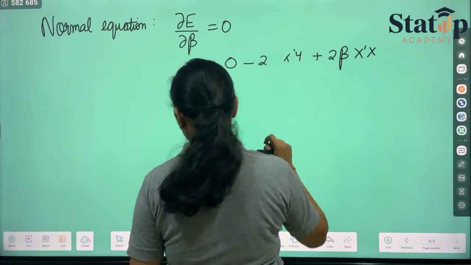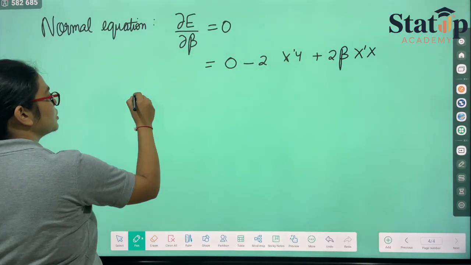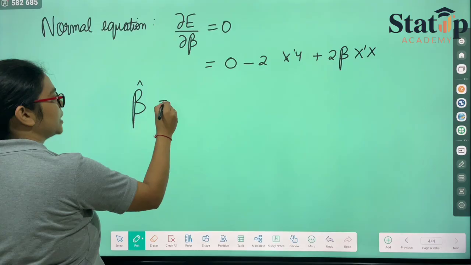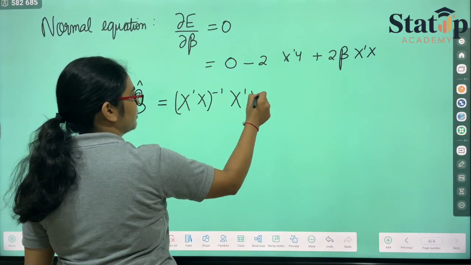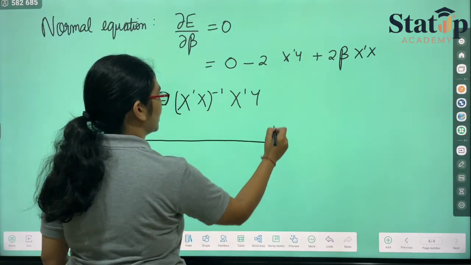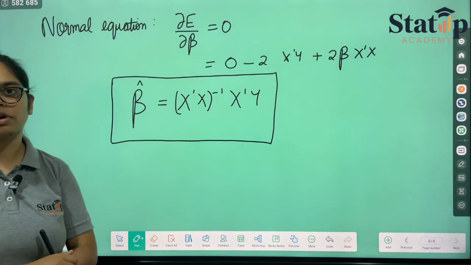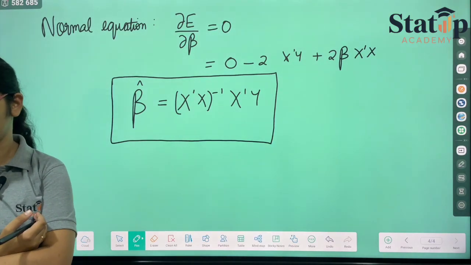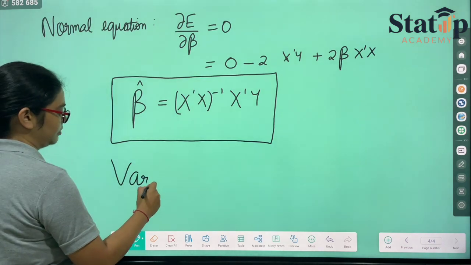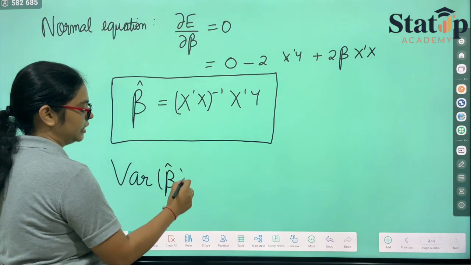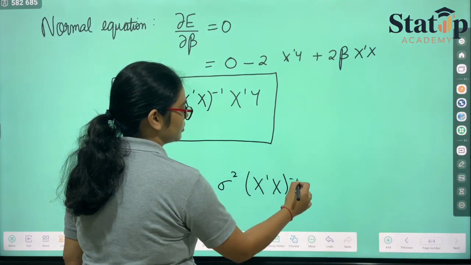The 2 will get cancelled here, and putting this equal to 0 we will get our estimation, which is beta cap, which is nothing but x dash x inverse x dash y. So this was our autoregression model, and this is how we solve and find the estimation of the autoregression model. Now here the variance of beta cap will be nothing but, as we have calculated earlier, sigma square x dash x inverse.